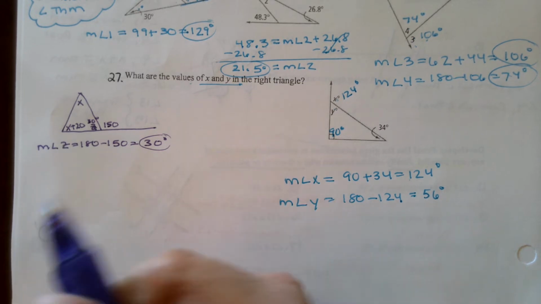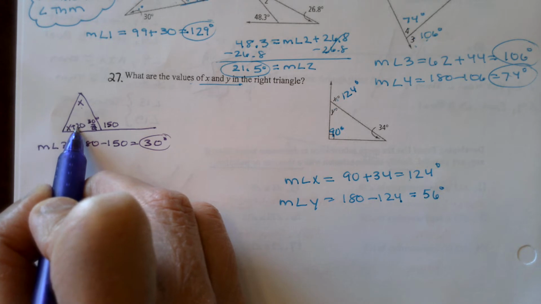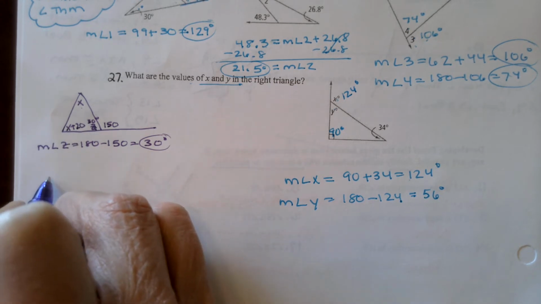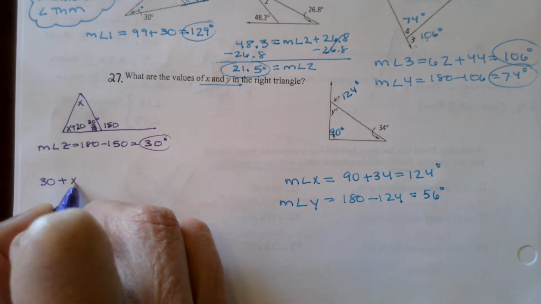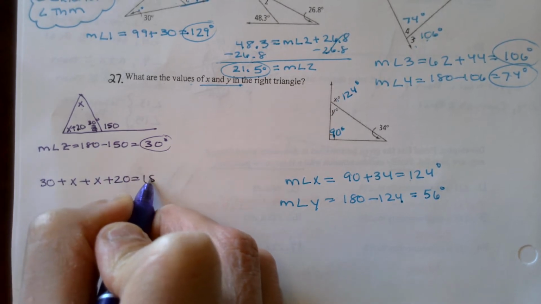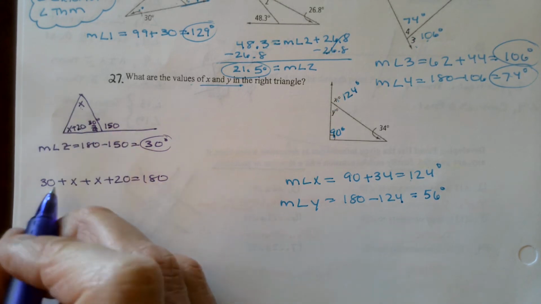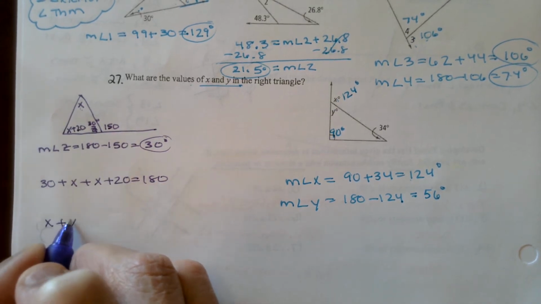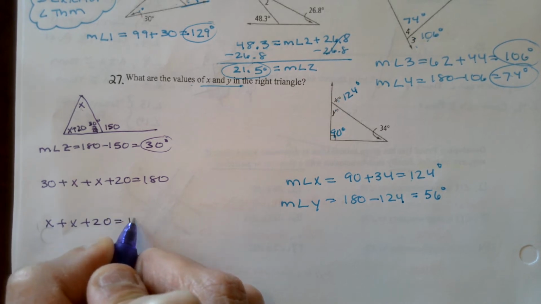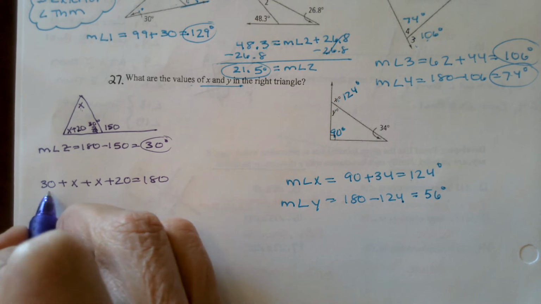Let's be honest: 30 plus x plus 20 equals 180. That would be fine. Or you could have noticed remote exterior and done that one: x plus 20 equals 150. So let's work them both out.